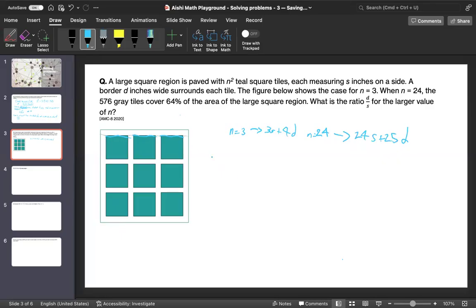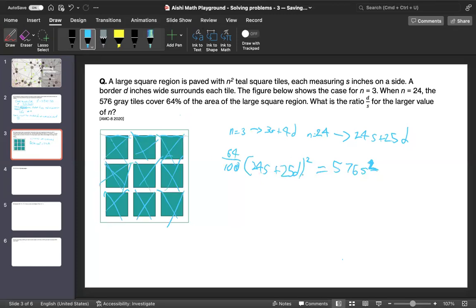Yeah, so 64 by 100, which is 64%, times 24s plus 25d whole squared, because that's the area of one whole square when n is equal to 24, is equal to 576s squared, because we're trying to find the area of all of these teal squares when n is equal to 24.